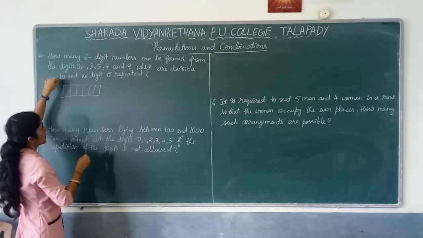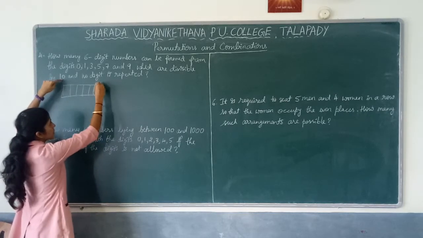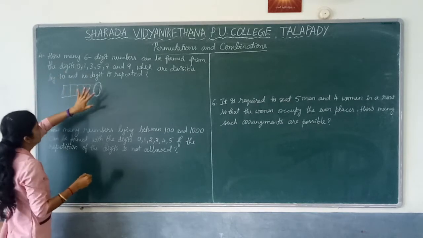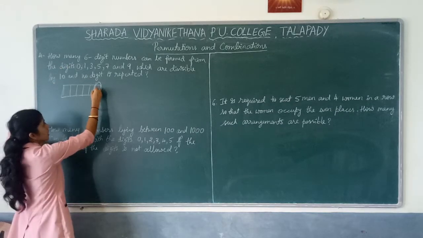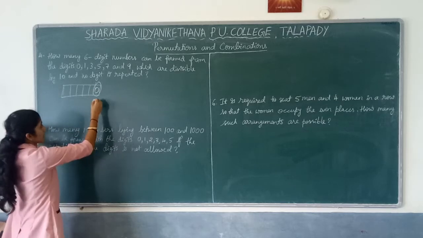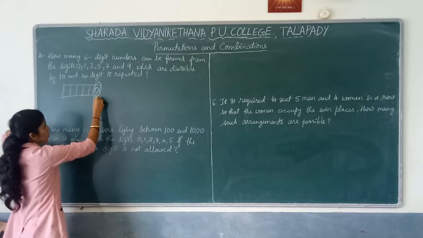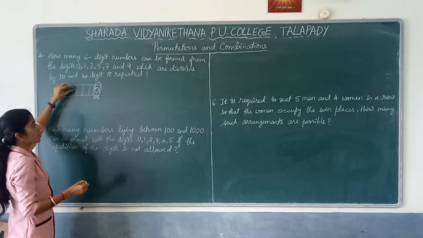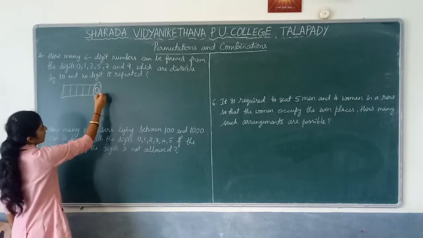Divisible by 10 means we have to concentrate on the units place, right? The number will be divisible by 10 whenever the last digit is 0, means I have to fix this as 0 here, then only the entire number is divisible by 10, right? So 0 I have to fix here.